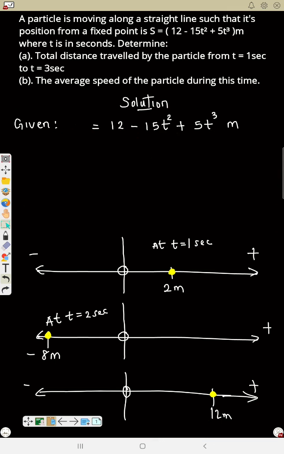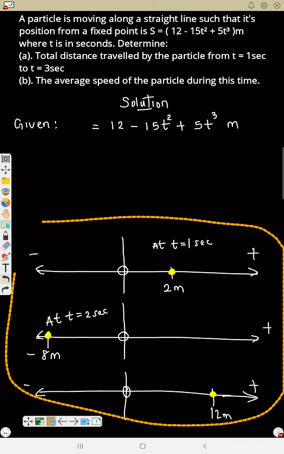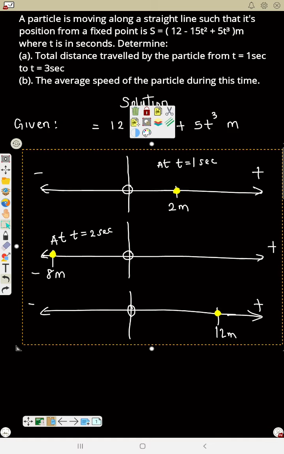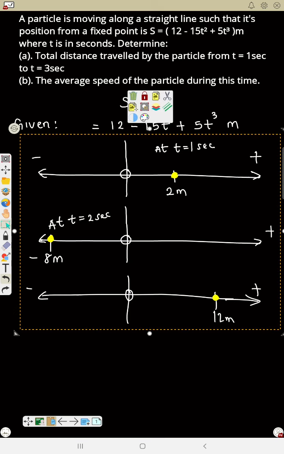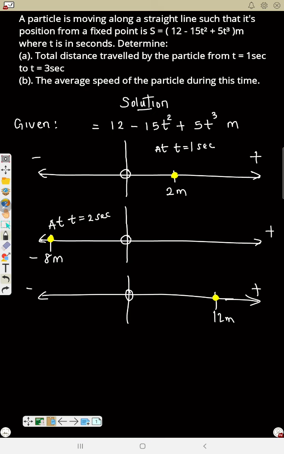So we don't really need it. So let me move this up. Okay. Now, when the particle is here, after 1 second, it's covered 2 meter. Now I want to do total distance now.